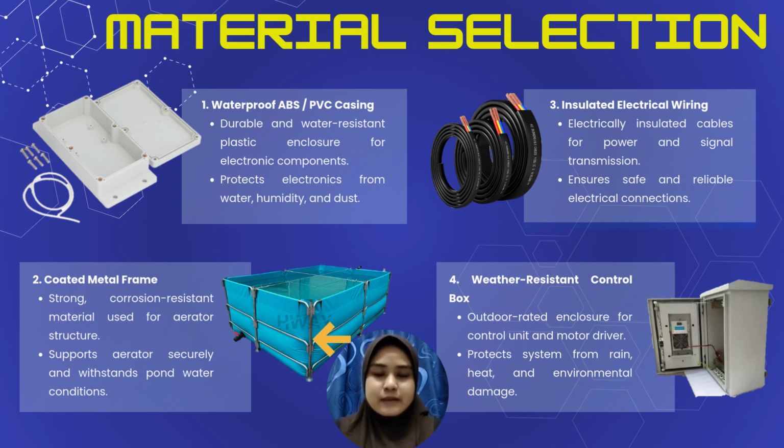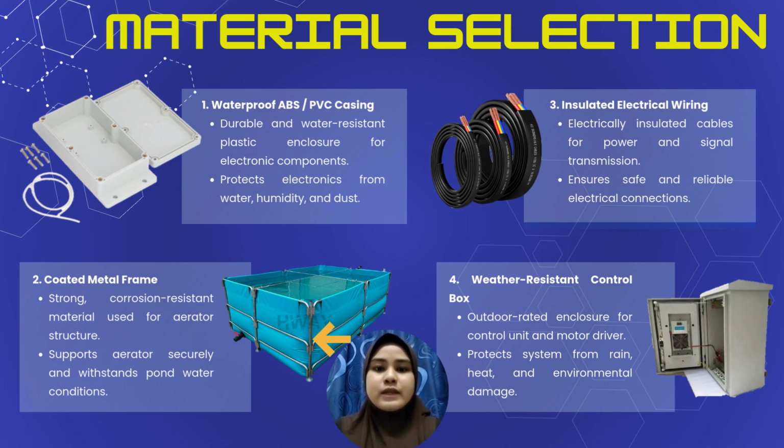Next, this slide explains the material selection used in the Aerofish AI system. Firstly, the electrical components are placed in a waterproof ABS or PVC casing. This protects the electronics from water, humidity, and dust. Next, the aerator uses a cast material frame. This material is strong and corrosion resistant, allowing the aerator to operate safely in pond conditions.